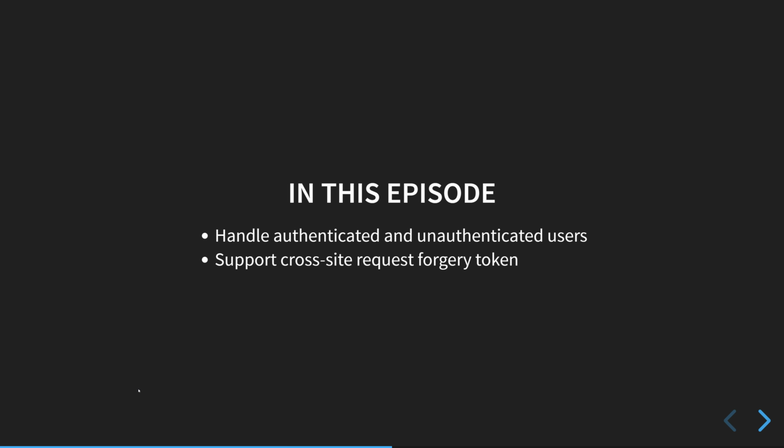In this one, we'll handle the cases where we have authenticated or unauthenticated users, and we'll also support cross-site request forgery tokens. The part for authentication, like the cookies, the front end doesn't need to do anything, the browser handles it.